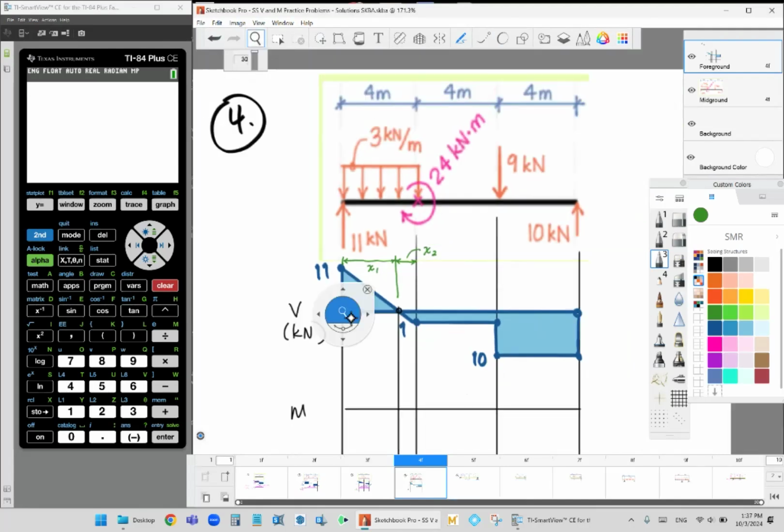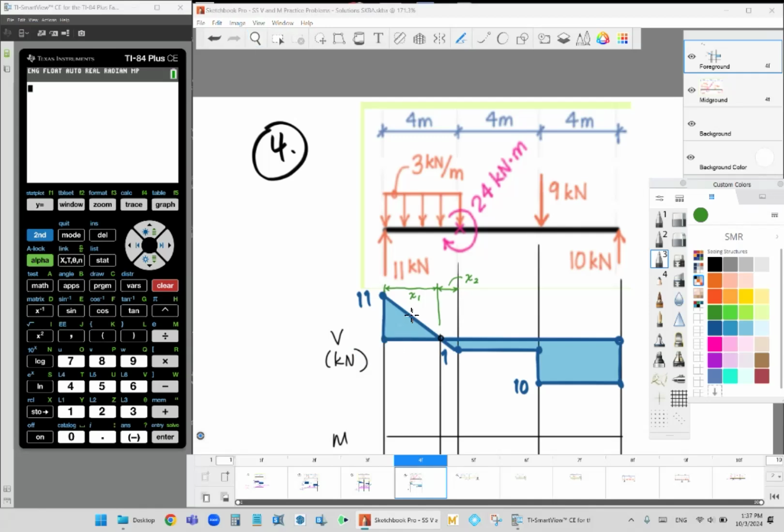And I always see students working too hard to figure out what these are. The best and fastest way to do this is to remember that to get to our shear diagram from the free body, we integrated with respect to the x direction. So what does that mean? It means that the slope of the shear diagram is equal to the value of the loading diagram.